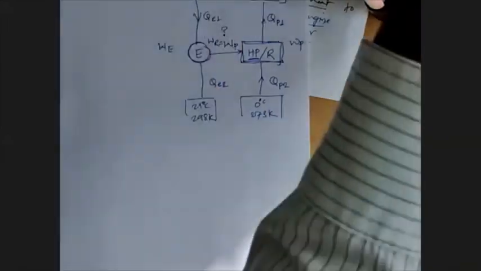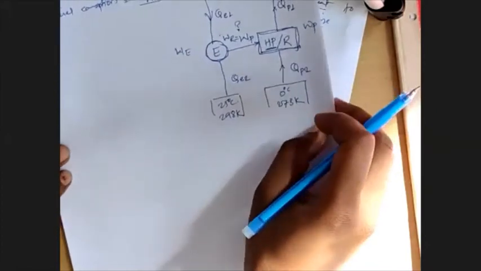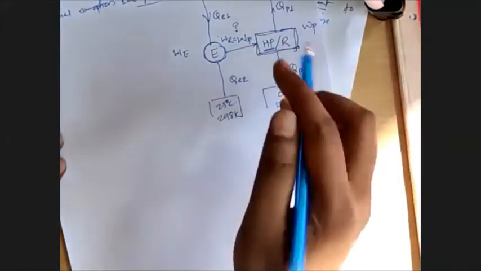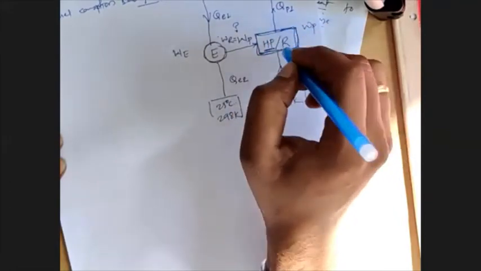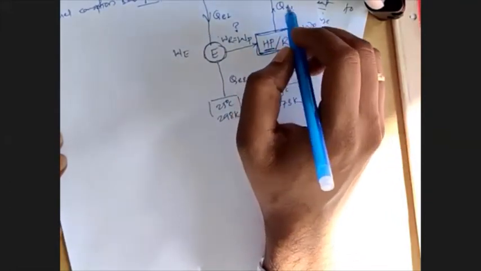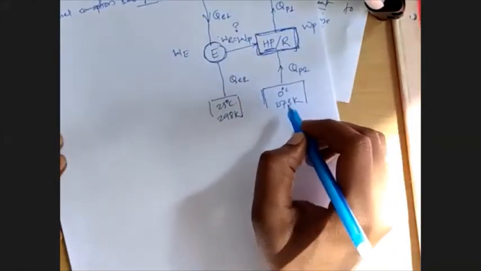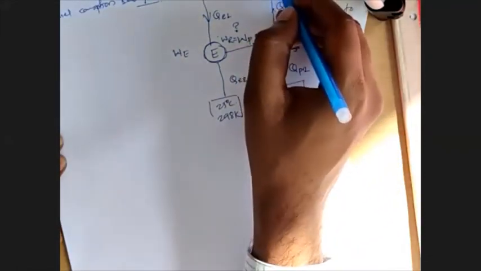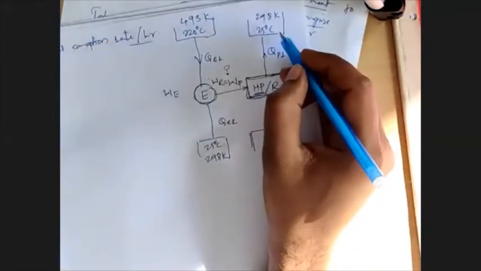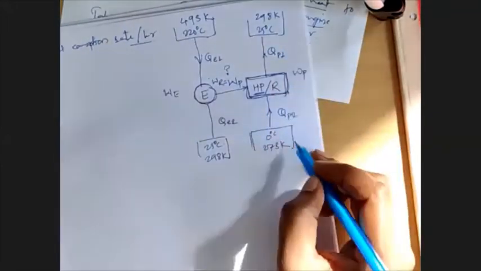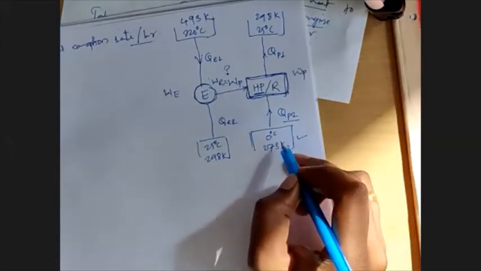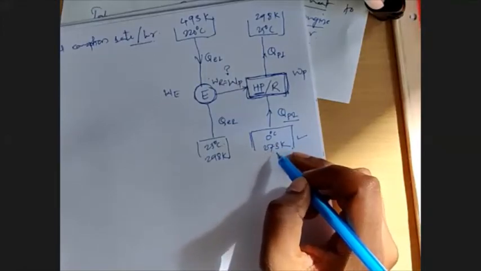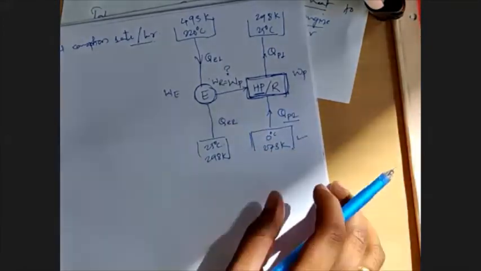Now to solve that one, let's begin with the heat pump or refrigerator. Now as it is a reversed heat pump, it is nothing but the refrigerator, because now the intended effect is 0 degrees Celsius, and 298 Kelvin is going to be the atmosphere. Now this is our intended body. So QP2 is the intended effect, or maintaining 0 degrees Celsius is the purpose of this heat pump.